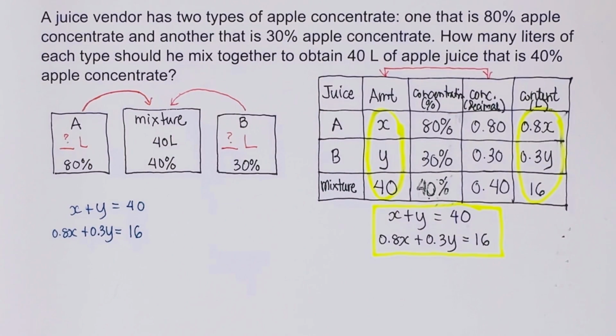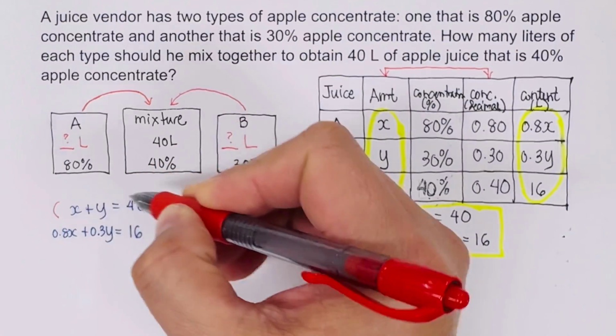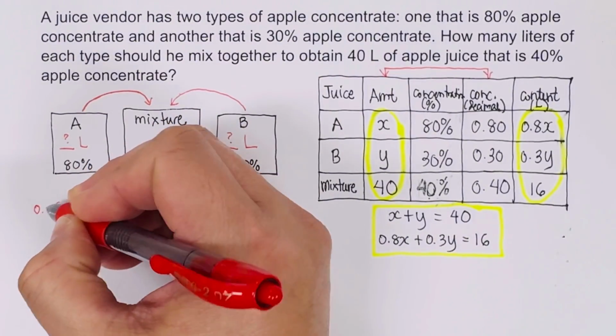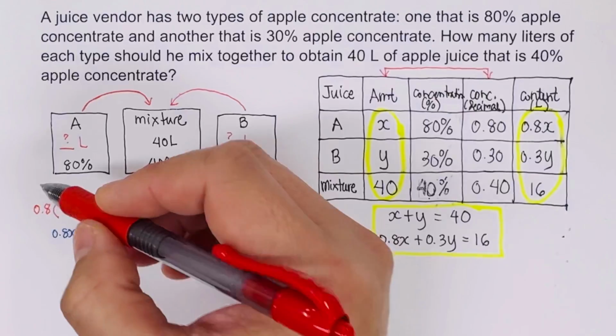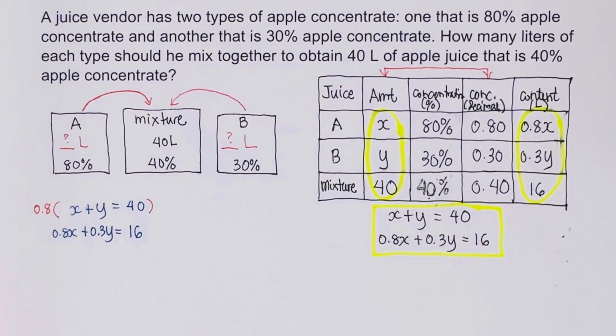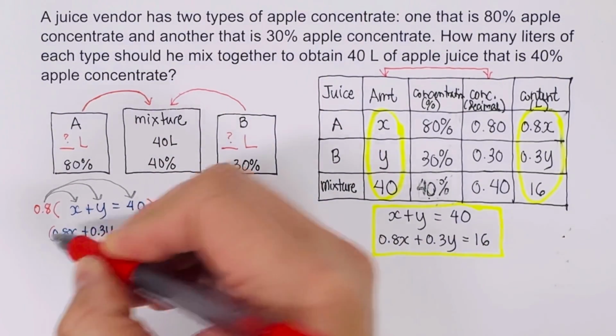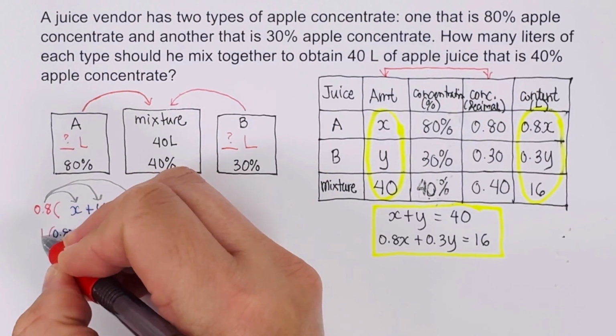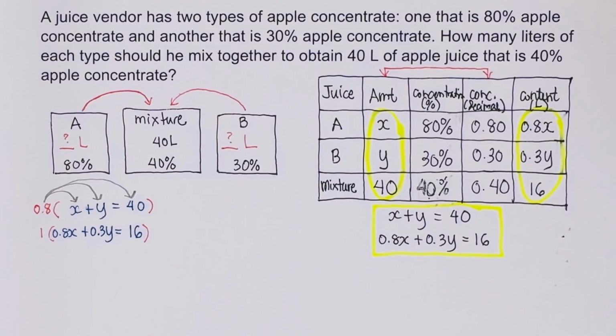The first thing that we need to do is eliminate X first. In order to do that, looking at this, their X values are not the same. However, I can multiply the first equation by the coefficient of X, so I will multiply this by 0.8, which means each of these is going to get multiplied by 0.8. And then I have to multiply the second equation by the coefficient of the first one, which in this case is 1, and it doesn't really matter, anything multiplied by 1 is the same thing.